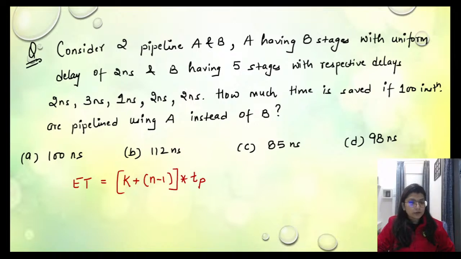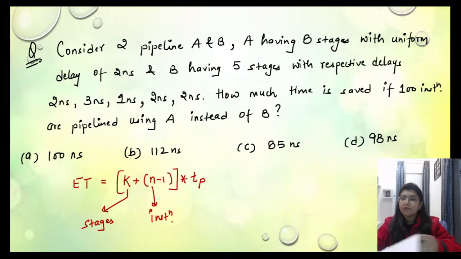Execution time is equal to (k plus n minus 1) multiplied by the clock cycle time, where k is the number of stages and n is the number of instructions, and this last term is the clock cycle time for your pipeline stages. So we have to calculate this for A and for B.